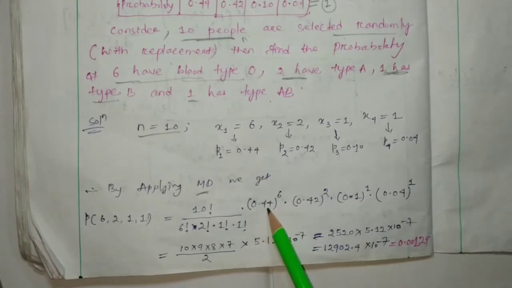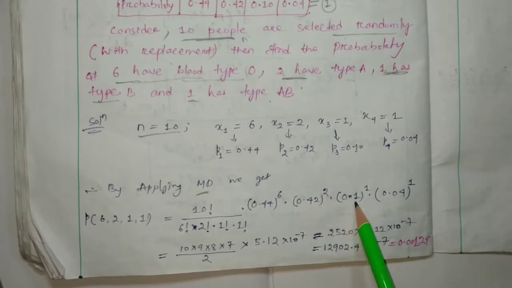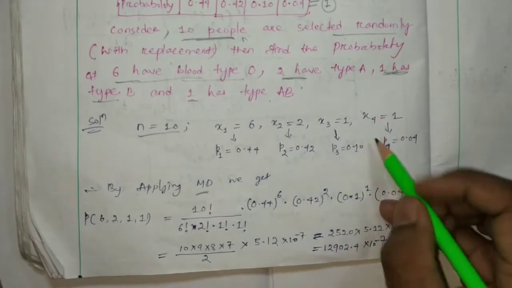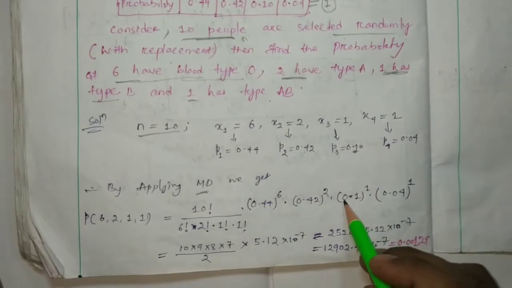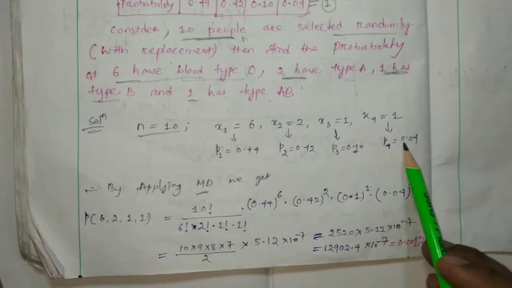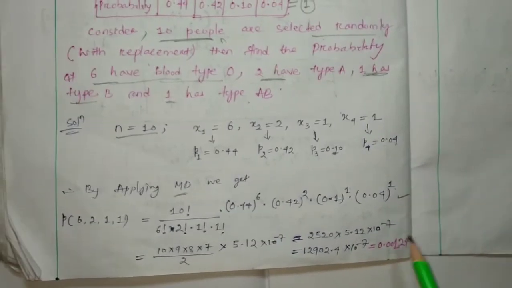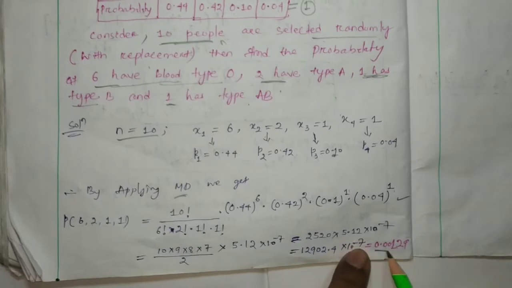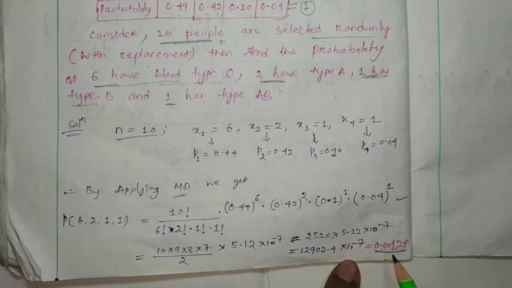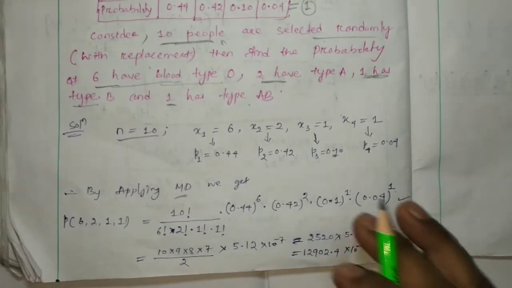P1 is 0.44 to the power 6. P2 is 0.42 to the power 2. P3 is 0.1 to the power 1. And p4 is 0.04 and x4 is 1. You just calculate it and you are going to get the answer 0.0012.